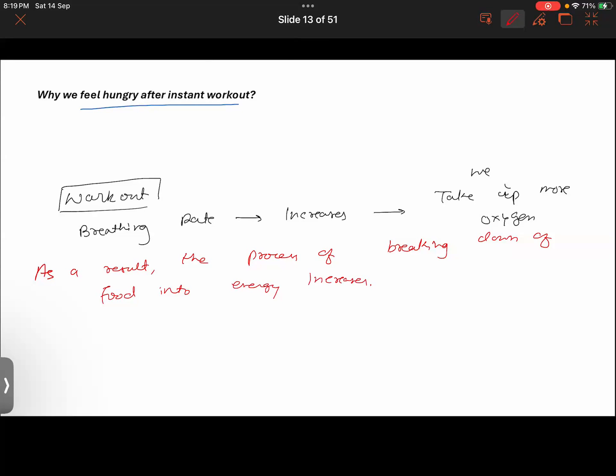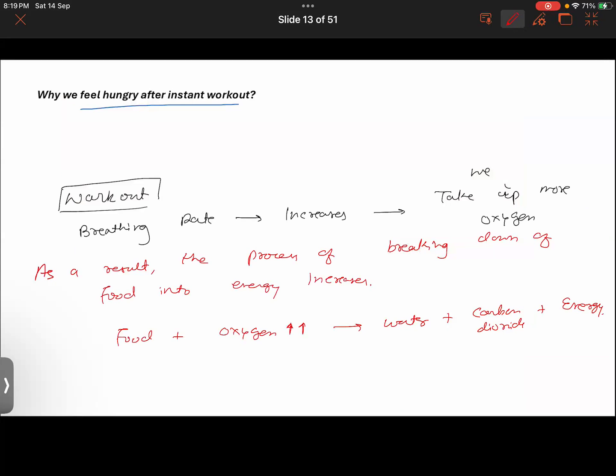Got this? So this is the reason here. So food plus oxygen, since there's more oxygen available now, so thereby water plus carbon dioxide plus energy is being released here.